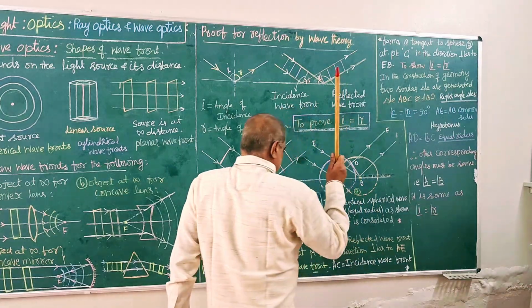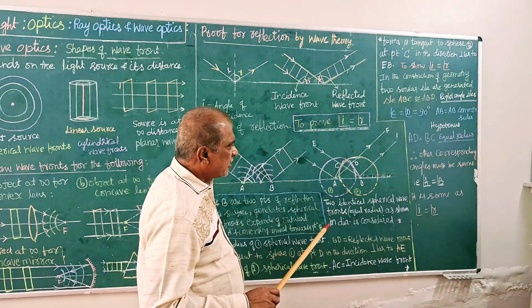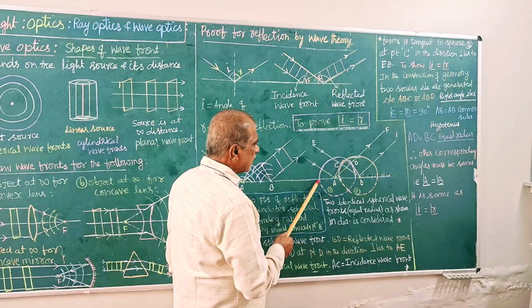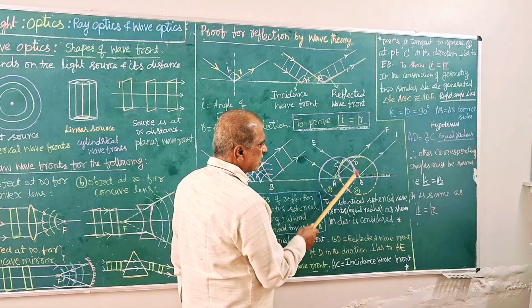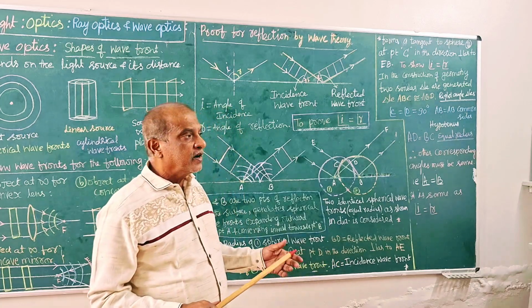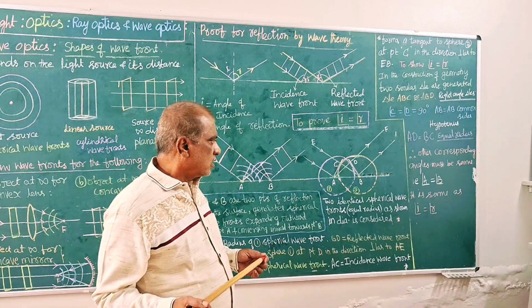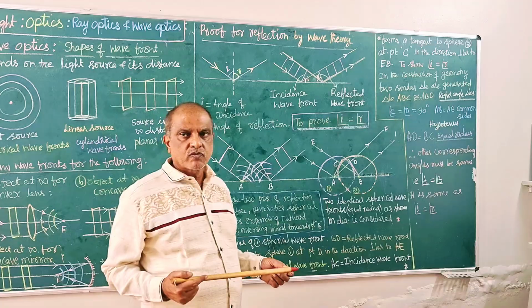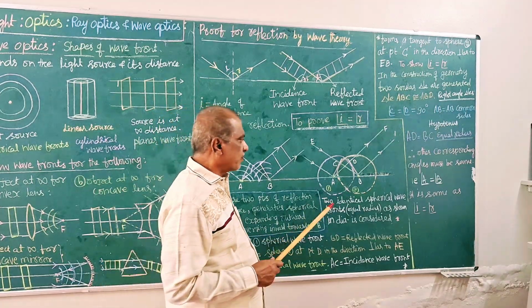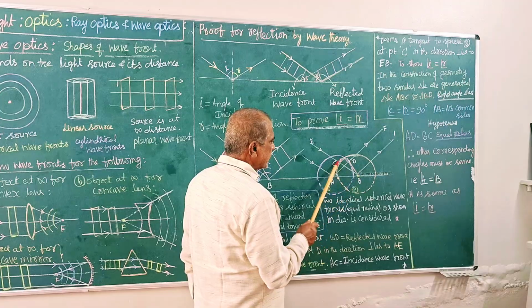And in this geometry of drawings, these two spherical wavefronts generate two similar triangles. This geometry represents two similar triangles. What are they?